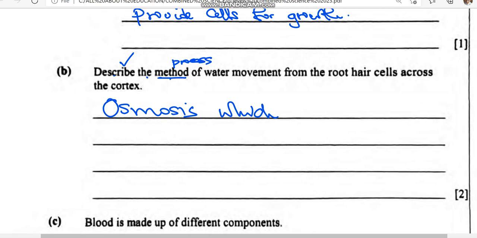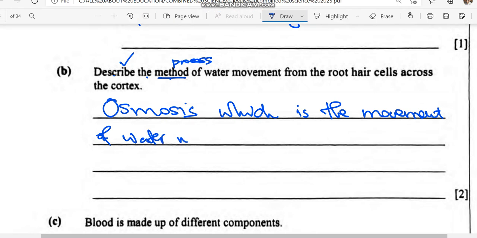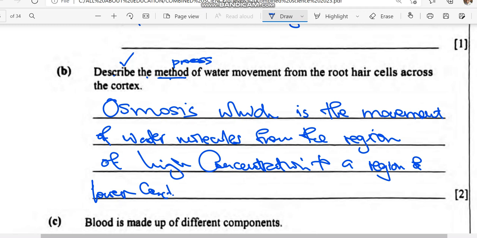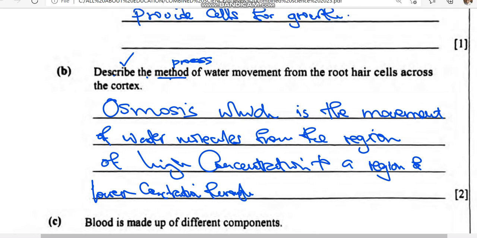So it's osmosis, which is the movement of water molecules from a region of higher concentration to a region of lower concentration through what we call a semi-permeable membrane.